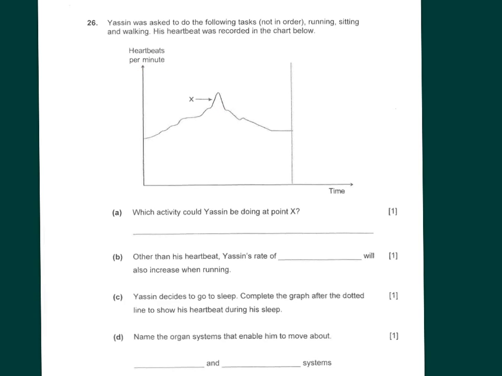So we need to think about these activities to see which is the most strenuous, right? The most strenuous exercise in this three obviously is running, right? So since you have the highest heart rate, Yasin should be running. Next, other than his heartbeat, Yasin's rate of blank will also increase when running.